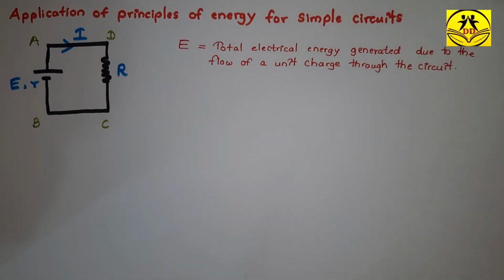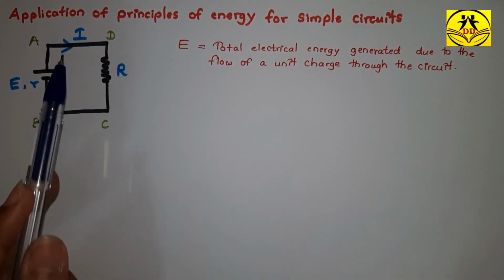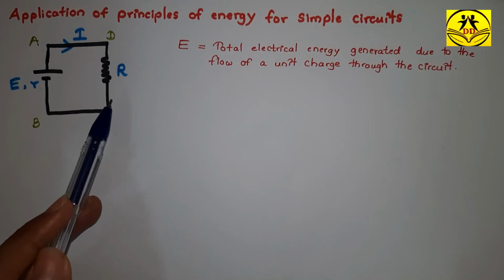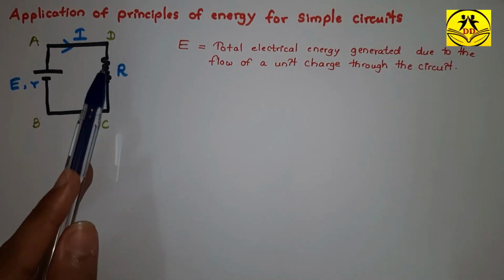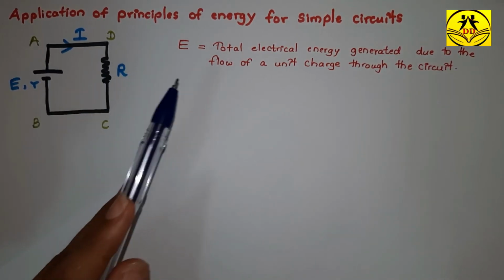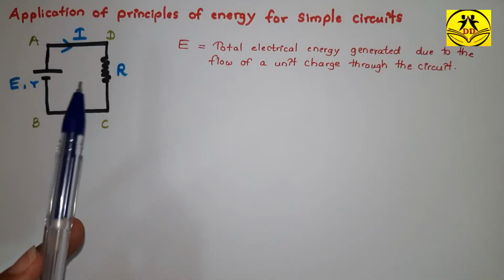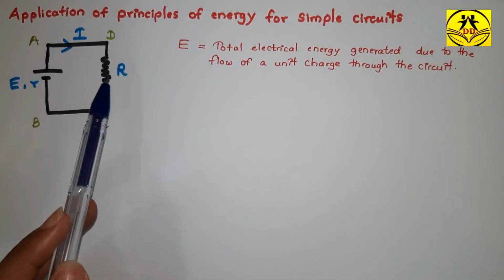So that is the total electrical energy. Now consider this external resistor. The total electrical energy moving through this external resistor is converted into thermal energy, because we consider this as an ideal resistor.